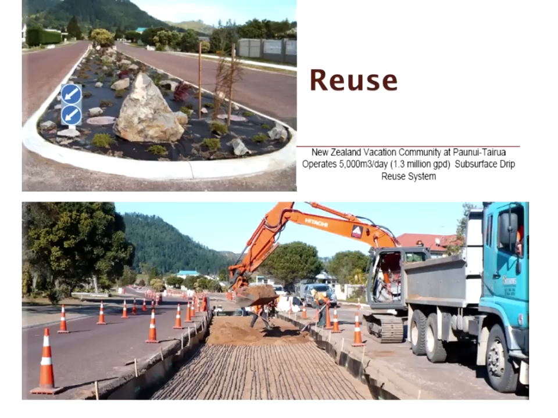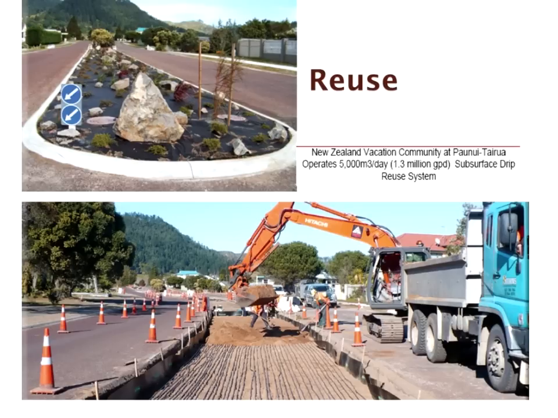All right, let's talk about reuse. Reuse is going to grow everywhere. There are some areas, of course, where the rainfall is so high that planned reuse is just not going to happen, but there are many other areas where, even as a supplementary irrigation, as in this particular case in New Zealand, reuse is a major factor in the design of the drip system.